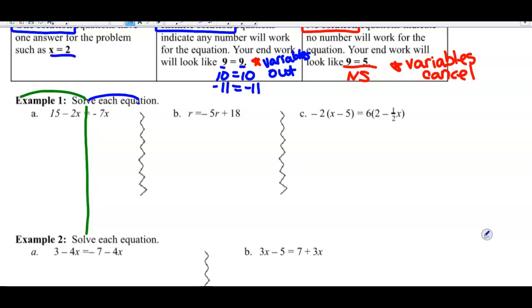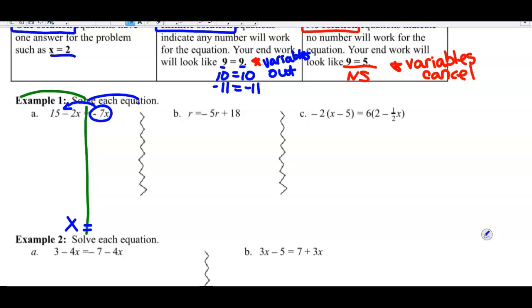And our new step is to take the variable term, and I like to always start with whatever one is over here on the right, and I always bring it to the left because I like, in the end, my answer to say x equals. So I always bring it over. I can't just bring it over, though, remember? We have two options.